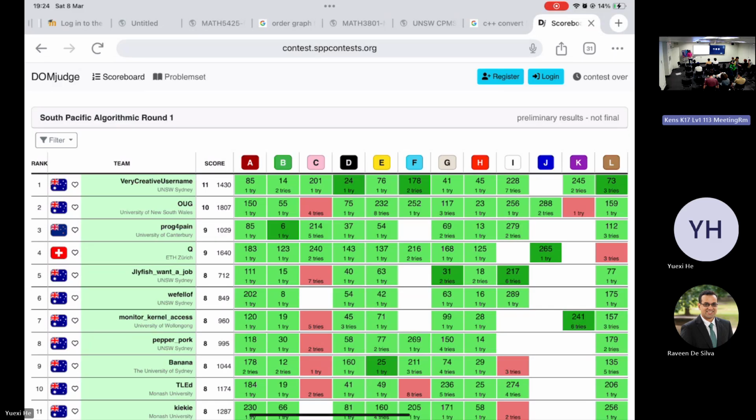So Q is Hayden. Frog for Paint is a team from Canterbury. I think they are retired from South Pacific, because at least some of them should have graduated. Jellyfish is jellyfish. This is probably Robin, I guess. Yeah, seems like it.